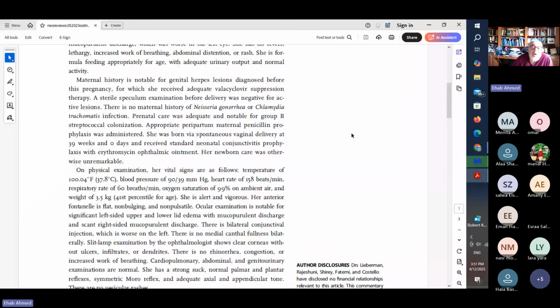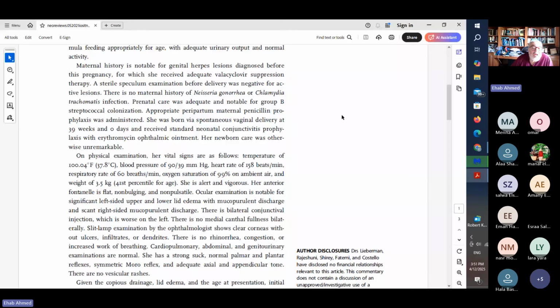There is no maternal history of Neisseria gonorrhea or Chlamydia trachomatis, which is also a venereal disease. Prenatal care was adequate and notable for GBS colonization.